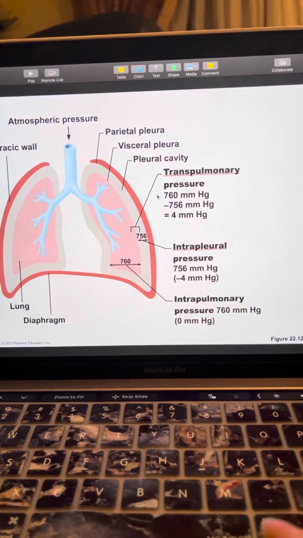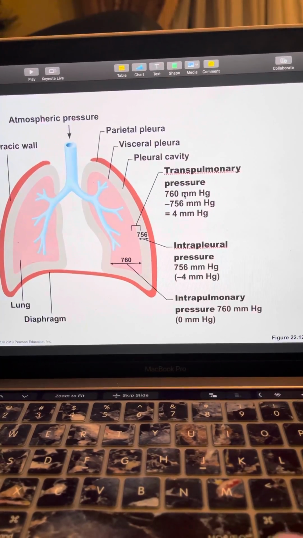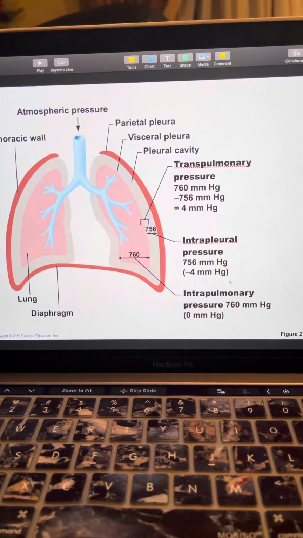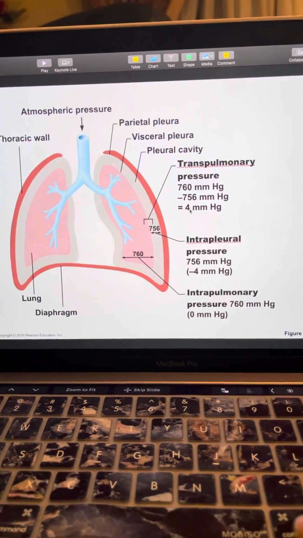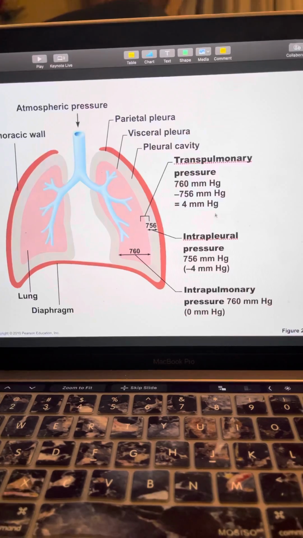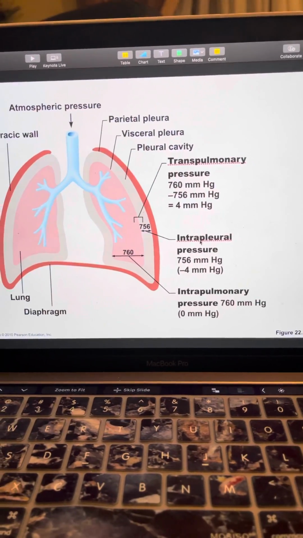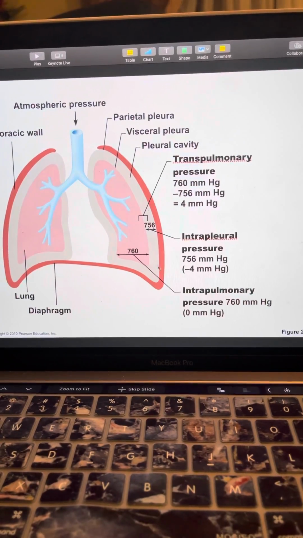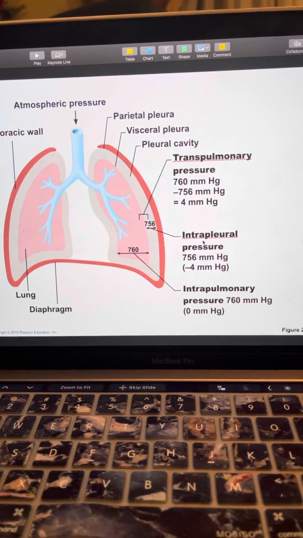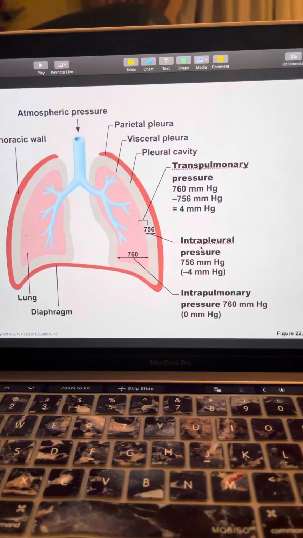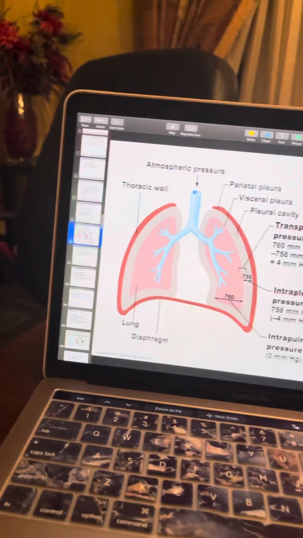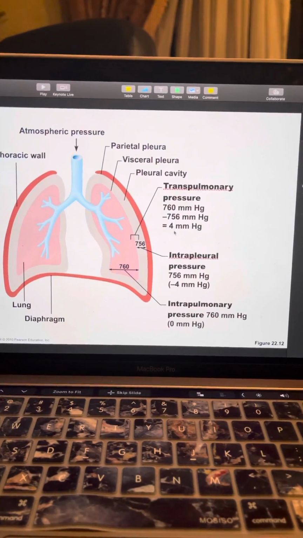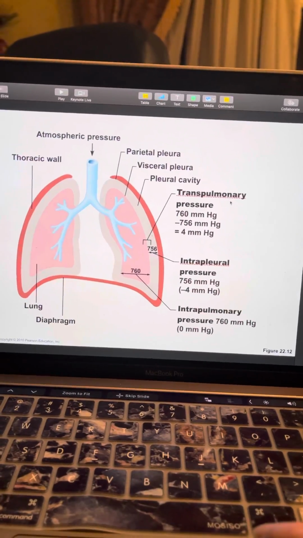Remember this, transpulmonary pressure. You can't have one of these numbers going up while the other is going down to maintain 4 millimeters of mercury. So for that reason, if intrapulmonary pressure, for example, is increasing, intrapleural pressure has to also be increasing to be able to maintain this 4 millimeters of mercury, or your transpulmonary pressure.